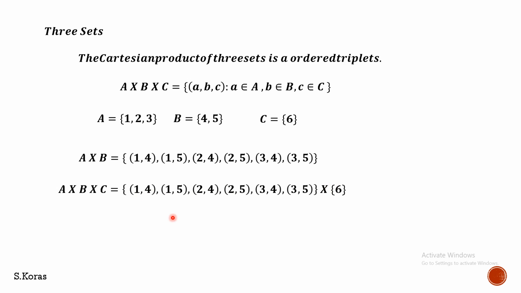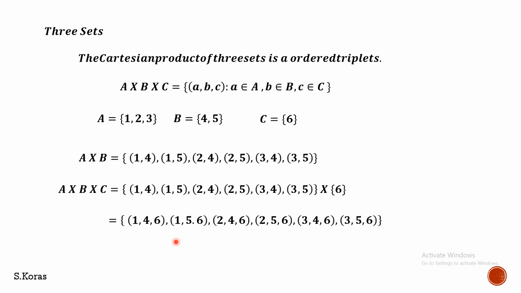So our result will be 1,4,6; 1,5,6; 2,4,6; 2,5,6; 3,4,6; and 3,5,6. This is called triplets because each element has three elements.